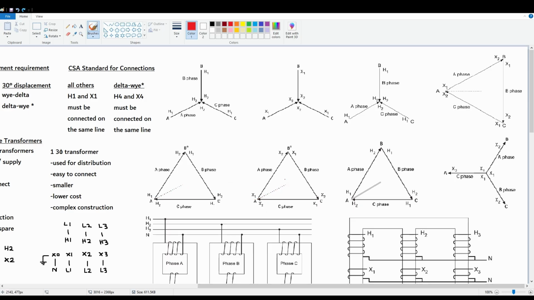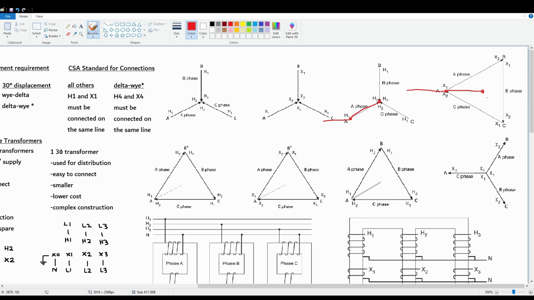And now if we go on to a Y delta, we're going to go to line A and then to neutral. Okay, and if we go on the low voltage side, same thing. I'm going to come into line A and then to neutral, which is in the middle. And as you can see here, each phase is going to be at different angles.